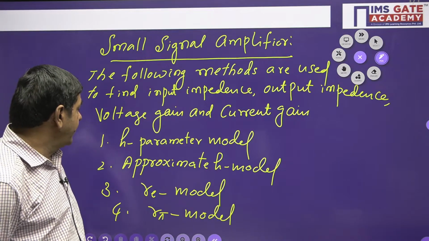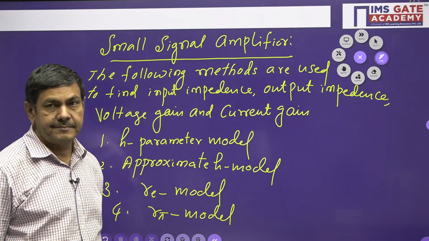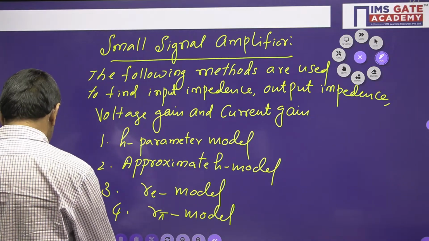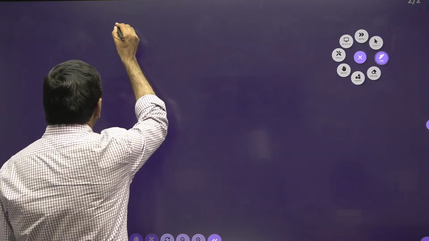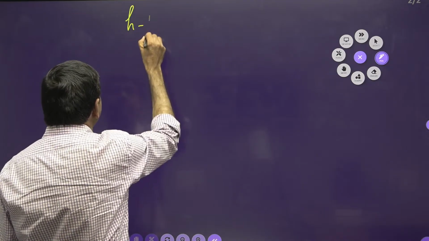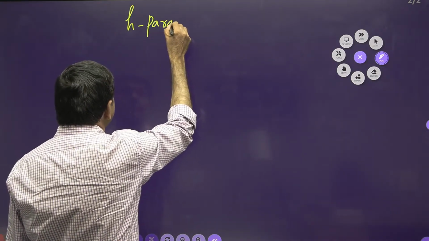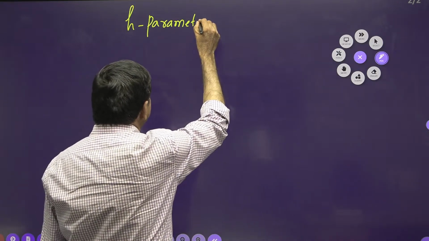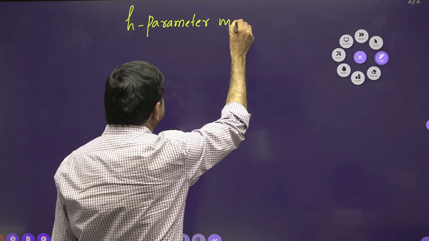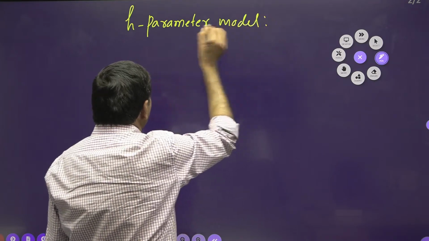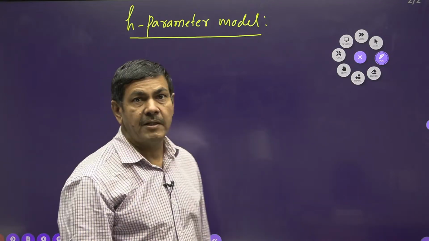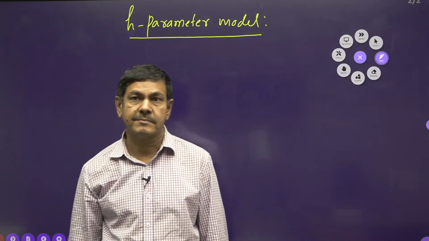But here initially I wish to select the H parameter model. In this model, I would like to explain how to draw H parameter equivalent circuits.